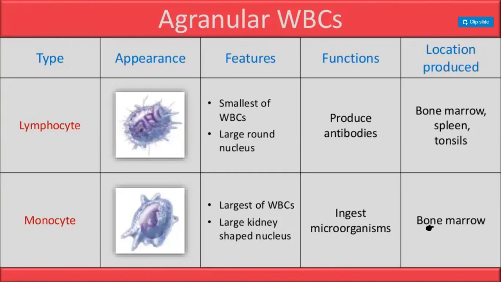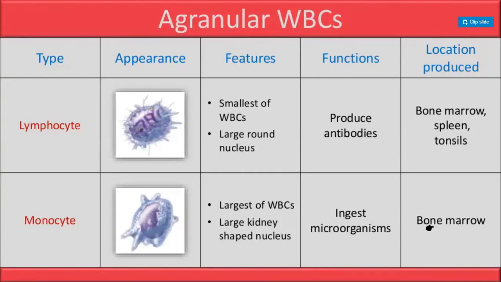And then these white blood cells, we said that in terms of number, they are fewer than red blood cells. So we have about 5,000 to 10,000 white blood cells per microliter of blood, or 4,000 to 9,000 white blood cells per microliter of blood, depending on which material and which country value you're using.